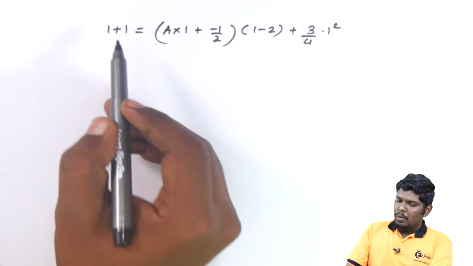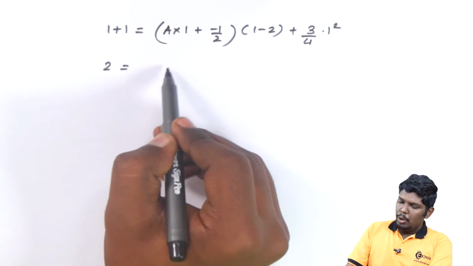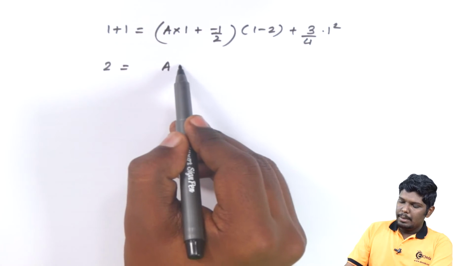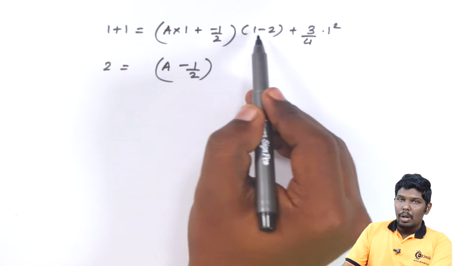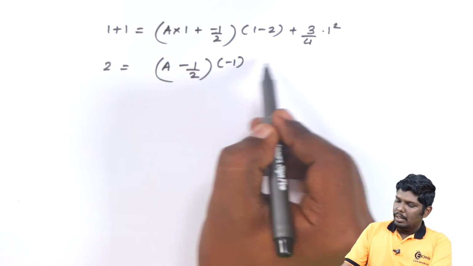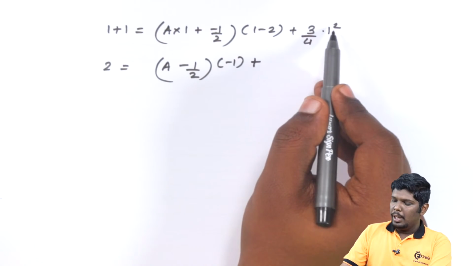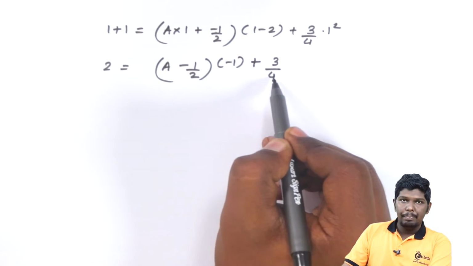This will give you 1 plus 1 as 2, a into 1 is a, plus into minus is minus 1 upon 2, 1 minus 2 will give you minus 1 and plus 1 square is 1 into 3 by 4 is 3 by 4 only.